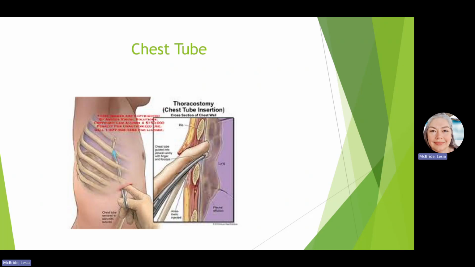If you have a patient with a chest tube and they end up having shortness of breath, dyspnea, or difficulty breathing suddenly, and you notice that one side of the chest looks different than the other, that is an emergency. That may mean that the lung has actually collapsed, that the tube has displaced itself.